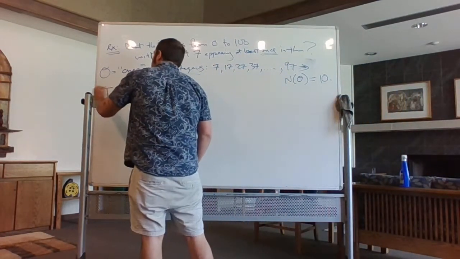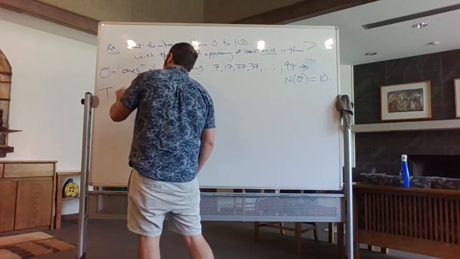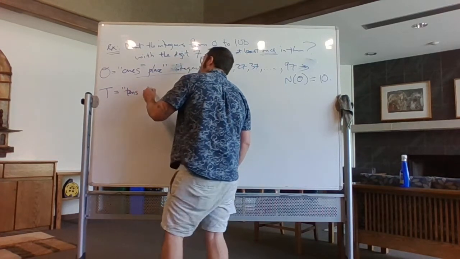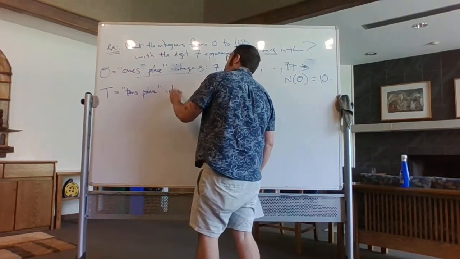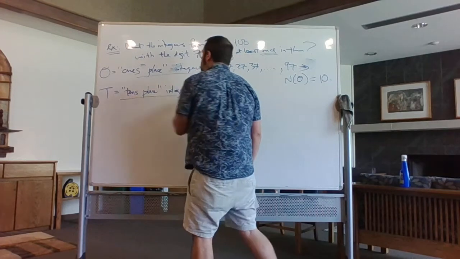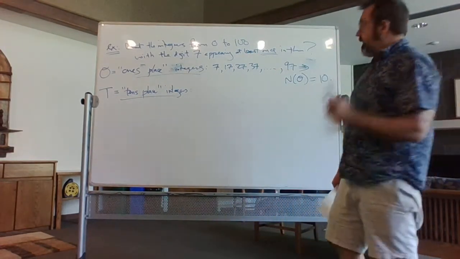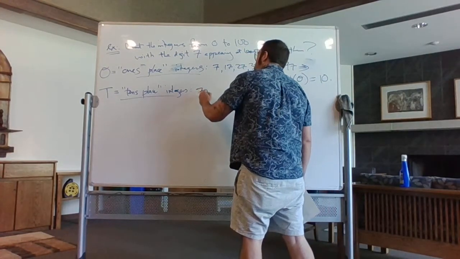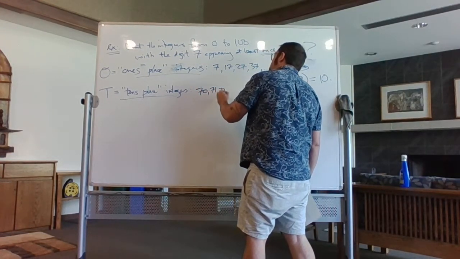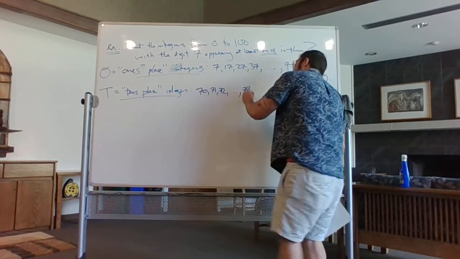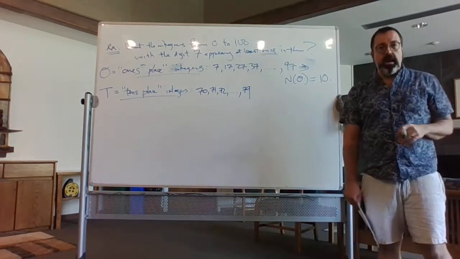We also have, I'll call this the set T, the tens place integers with 7 in them. Now these are the integers where 7 appears in the tens place. And we've got 70, 71, 72, up to 79. Right? And then we go to 80, so we're out of that set.